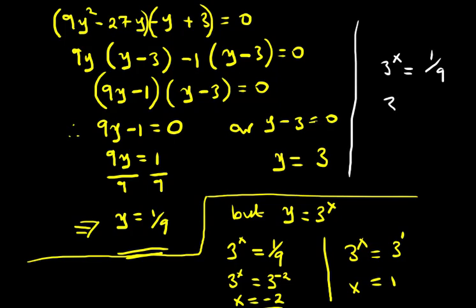What we did is, this is the same as 3 power x is equal to 1 over 3 squared. Since we want to equate the bases, this is the same as 3 power x is equal to 3 raised to the power negative 2. So that's how we came up with x being equal to negative 2, because these bases are the same.